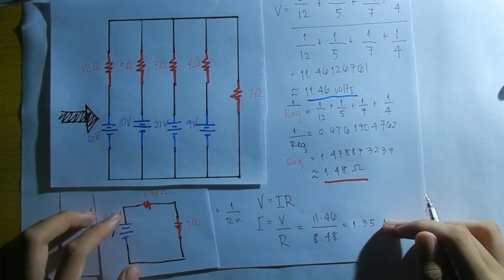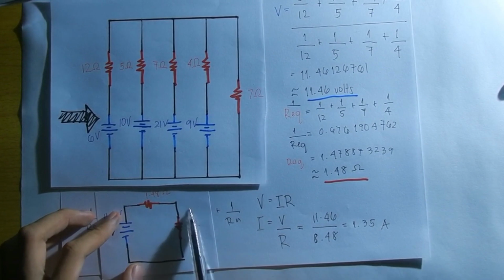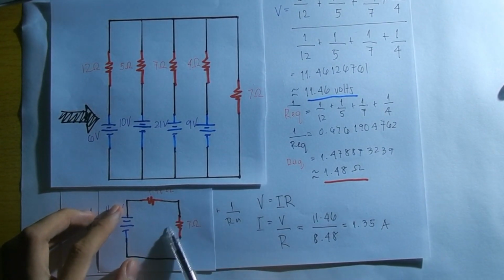Now, that is the current that is passing through the 7 ohm resistor.